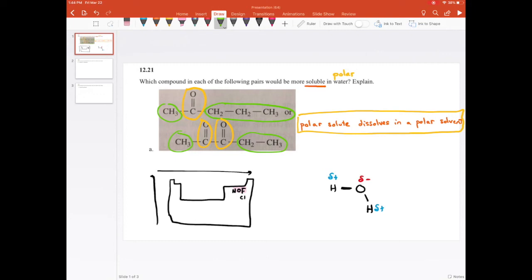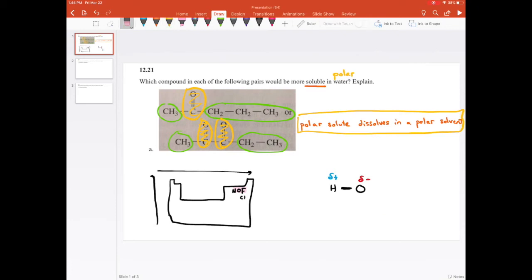So which of these molecules is more polar? The second one. The second molecule is more polar because it has 2 bonds that are polar, whereas the first only has 1. And water is polar, and like dissolves like.